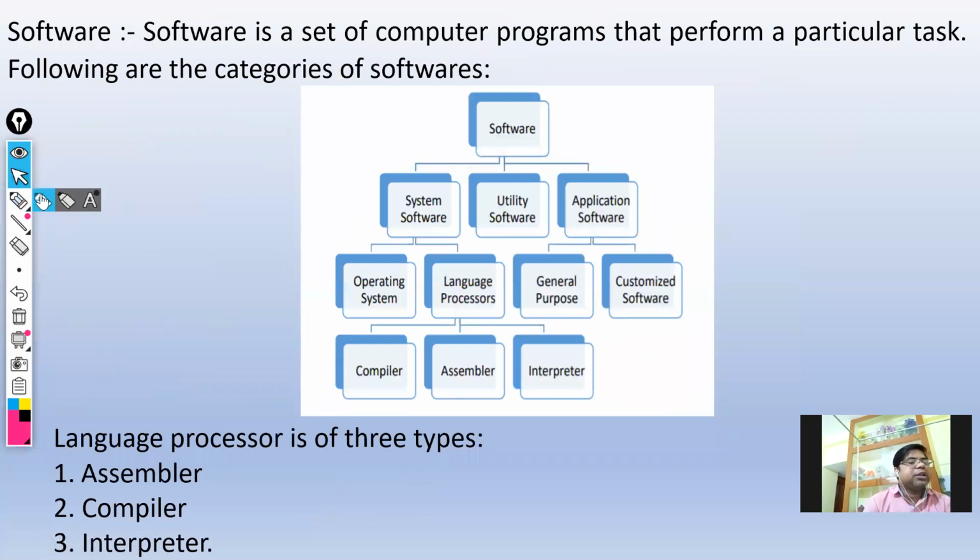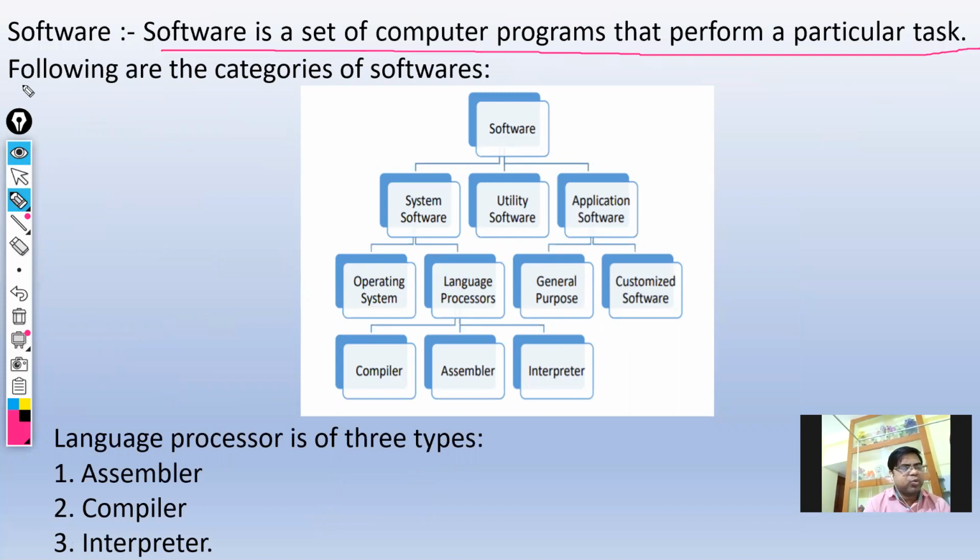Now the next part is software. Software is a set of programs that perform a particular task. Here you can see I have given the categories of software. Software is divided into three categories: system software, utility software, application software.